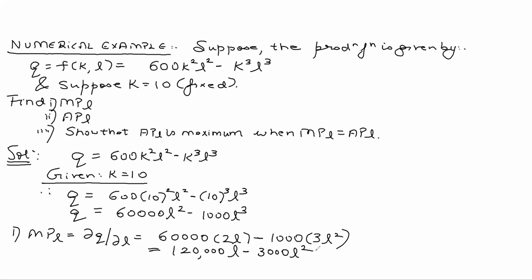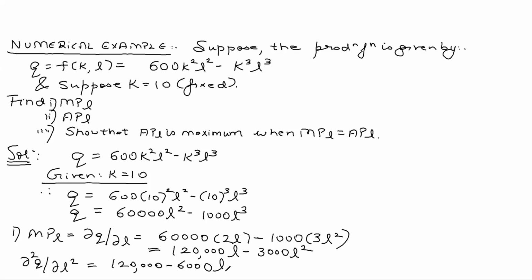If you want to look at the double derivative of MPL, so if I do del square Q by del L square, it will be 120,000 minus 6,000 L. Okay. And suppose I want to maximize my production.